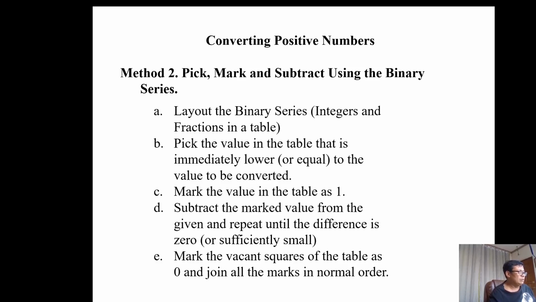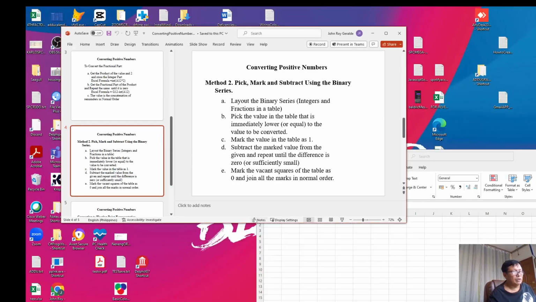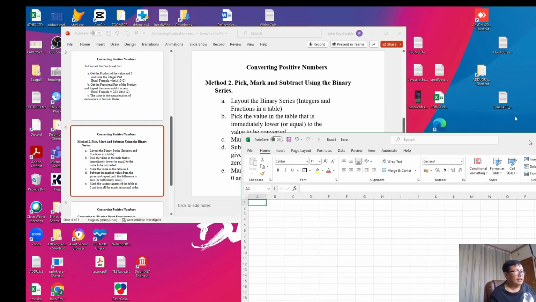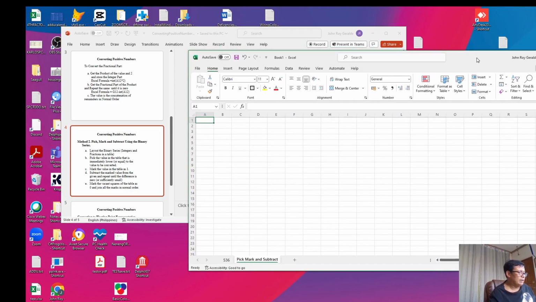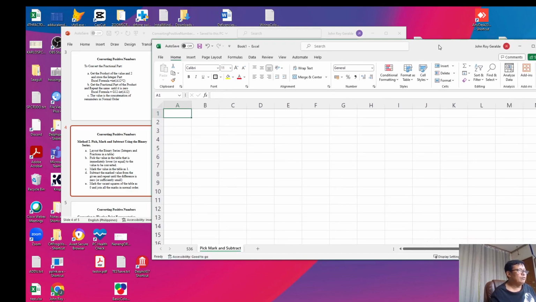Mark the value in the table as 1, and then subtract the marked value from the given until the difference is 0. When the difference becomes 0, we mark the vacant squares of the table as 0 and join them in the normal order. This is not confusing because we are not going to divide them, or rather to concatenate them into the reverse order.